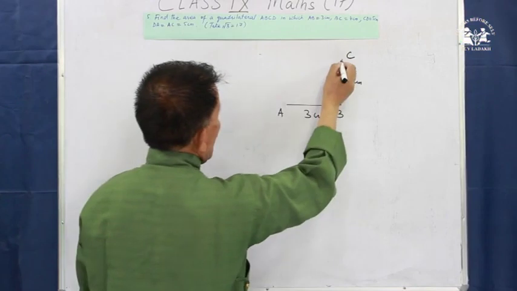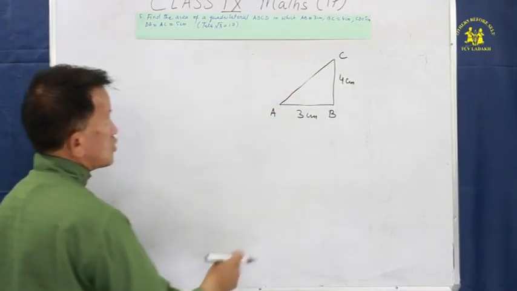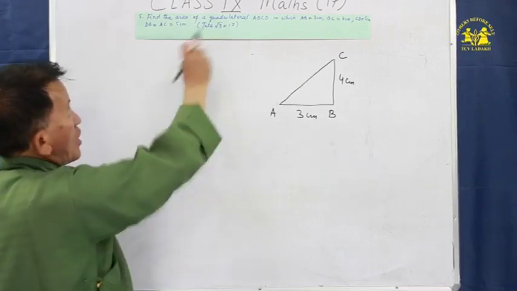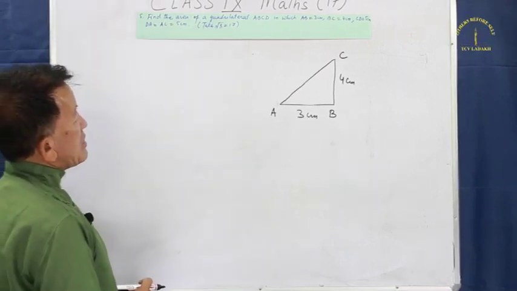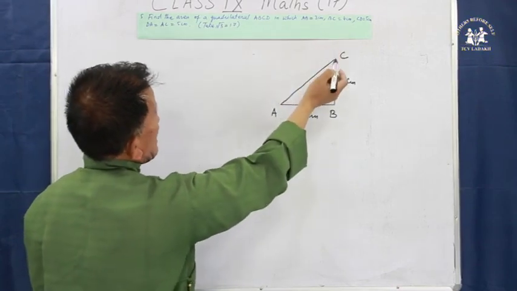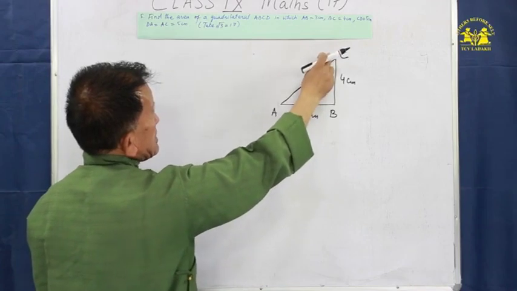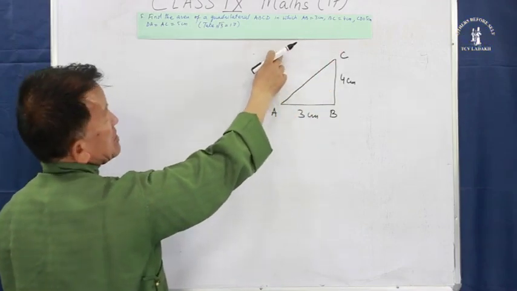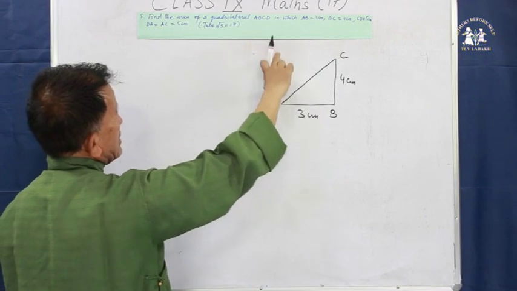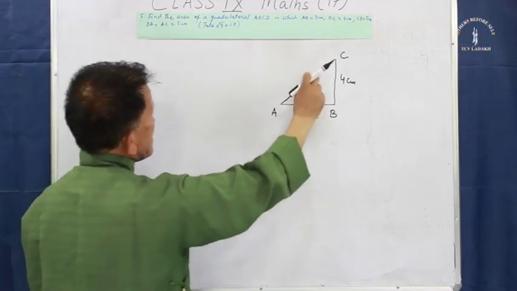Right, let's join AC, which is going to be the diagonal of quadrilateral ABCD, and then you'll find CD. D is somewhere here. So CD is 5 centimeter, and DA is 5 centimeter, AC is 5 centimeter.